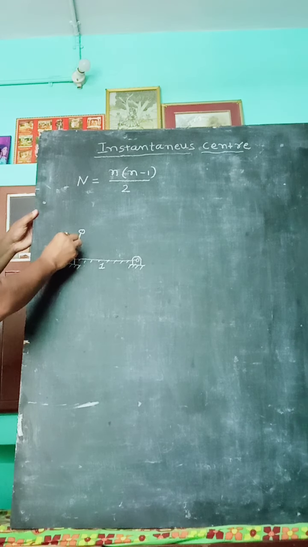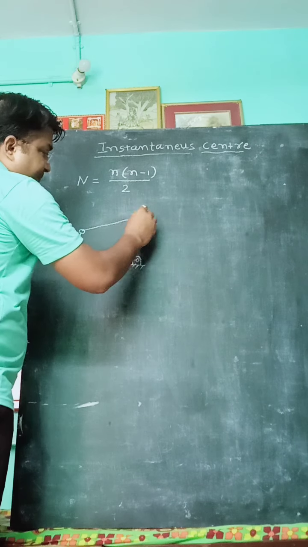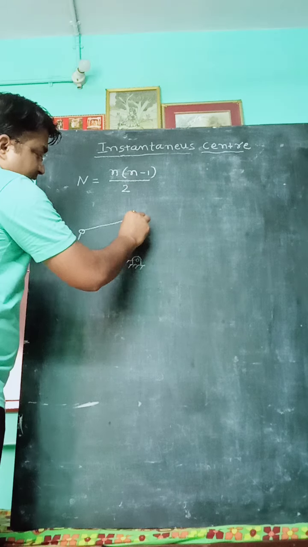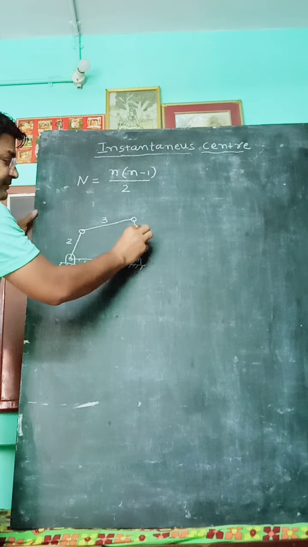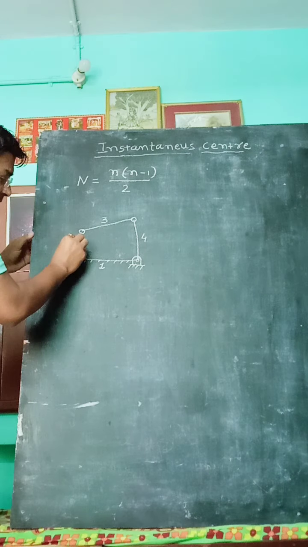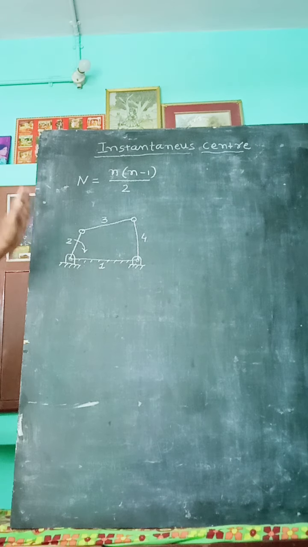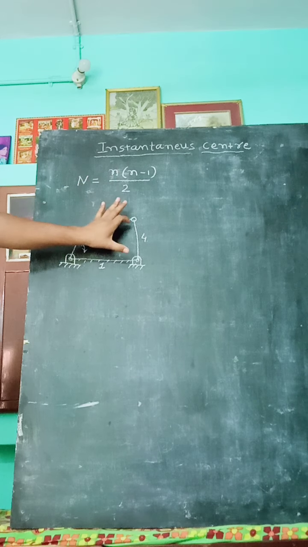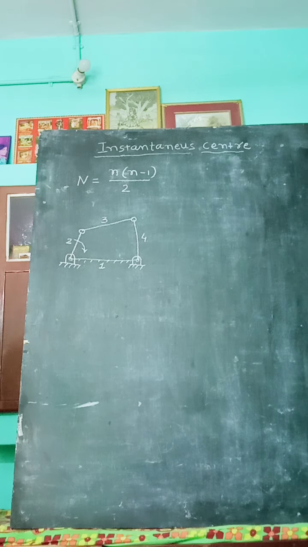This is link number 2. This is link number 3, and this one is link number 4, which is available. So there are 4 links. Link number 2 rotates in clockwise direction with certain RPM. All the dimensions are available, so the configuration diagram can be easily prepared.